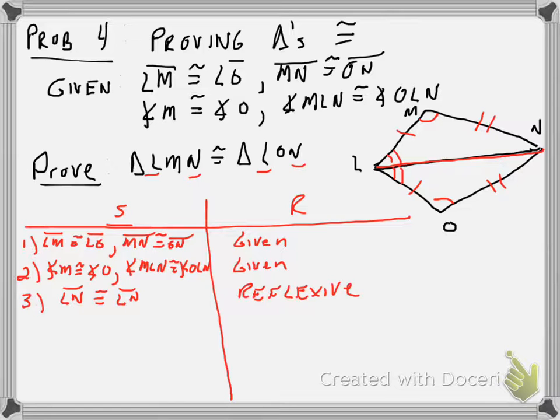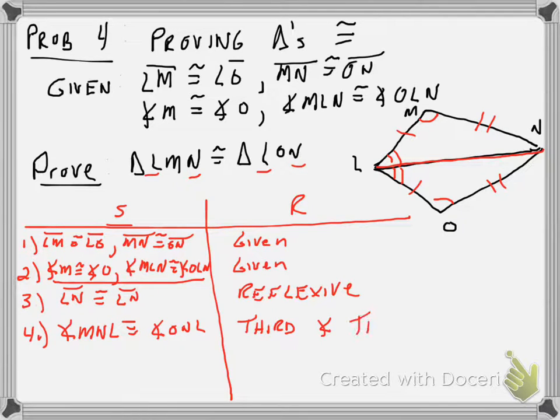Okay, we have this angle over here. Once you have 2 angles congruent, the third angle theorem comes into play here, which is nice. And we just talked about that in the early part of it. So I can state that angle MNL is congruent to angle ONL by the third angle theorem.